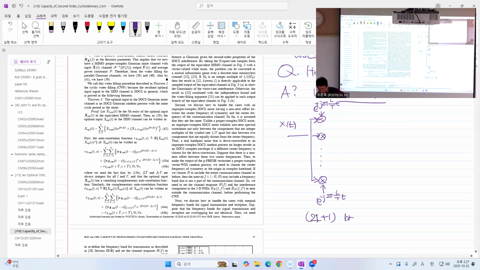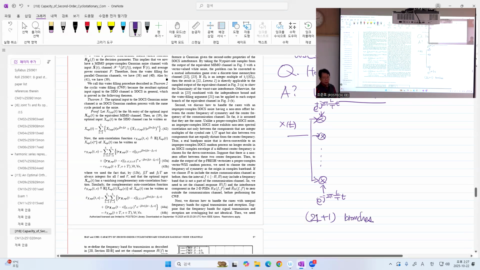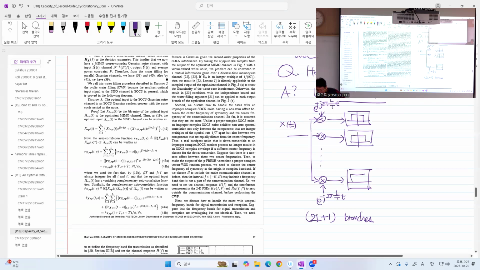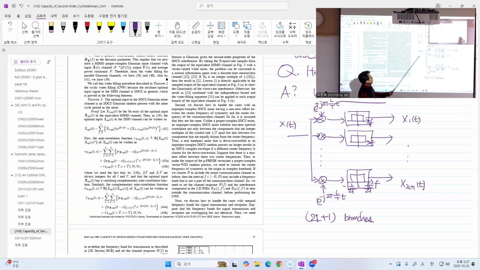Then each branch has a theoretically ideal low-pass filter with cutoff frequency half of 1 over T. So this is the vectorized Fourier transform that converts a band-limited signal.